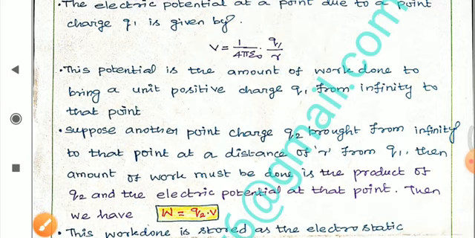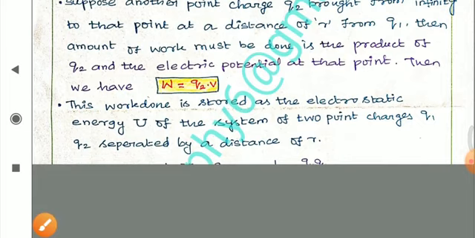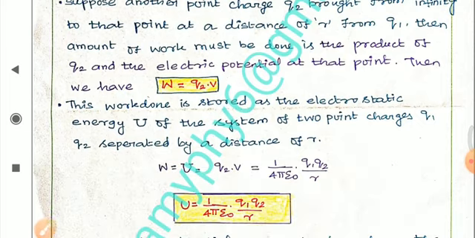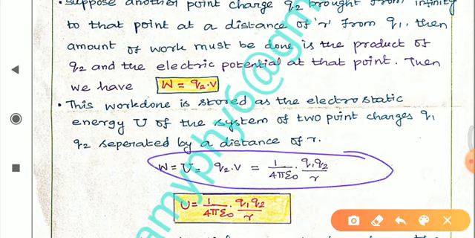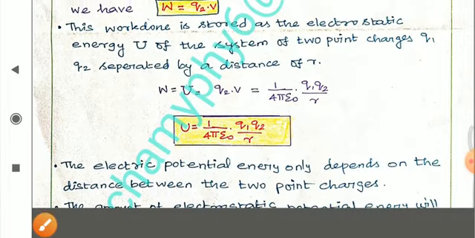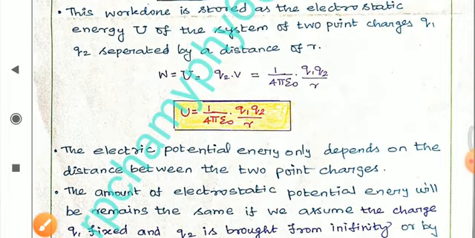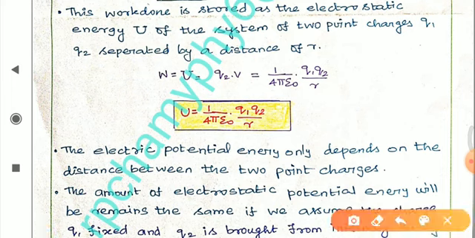So the electric potential energy is given by 1 by 4 pi epsilon naught into Q1 Q2 by r if two point charges are considered. Then, if the electric potential energy is given by the formula 1 by 4 pi epsilon naught into Q1 into Q2 by r, what are the factors deciding it? This can be asked as a 1 mark question.